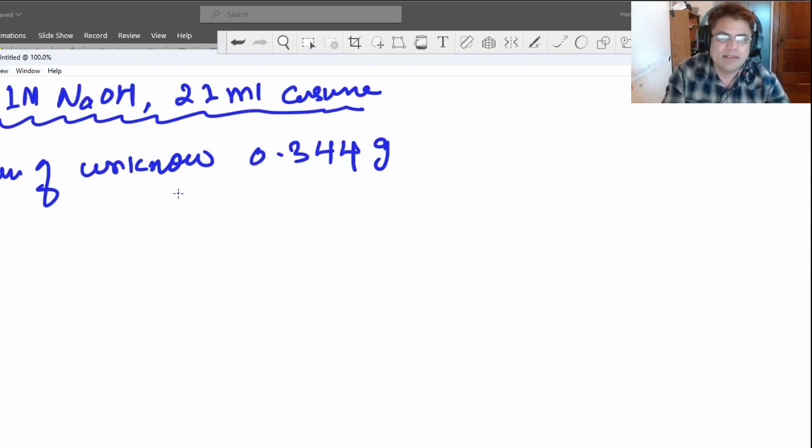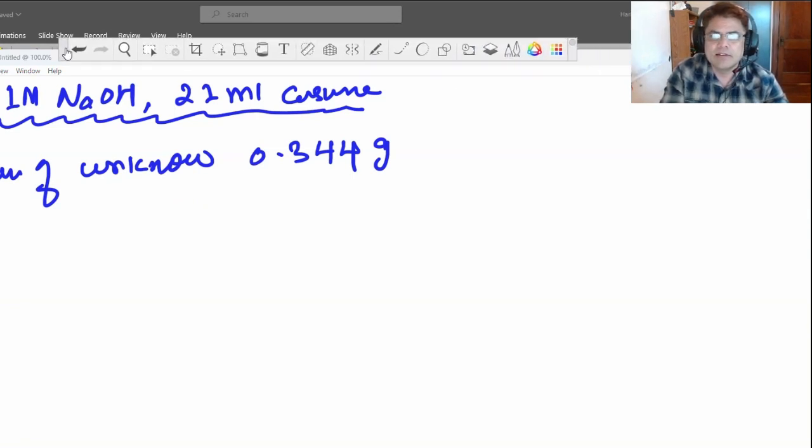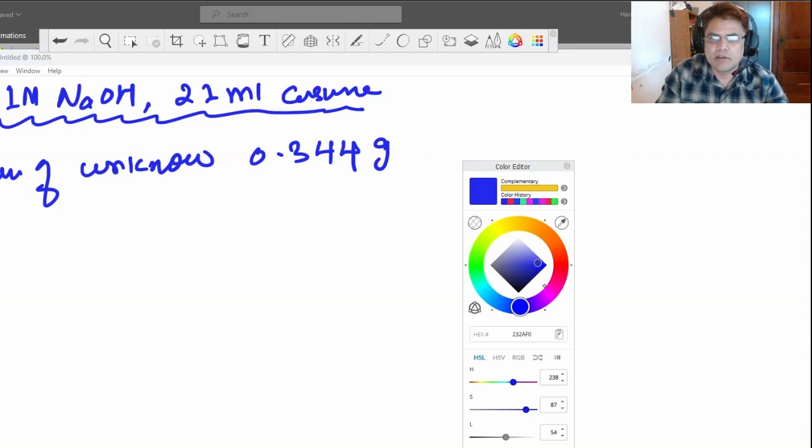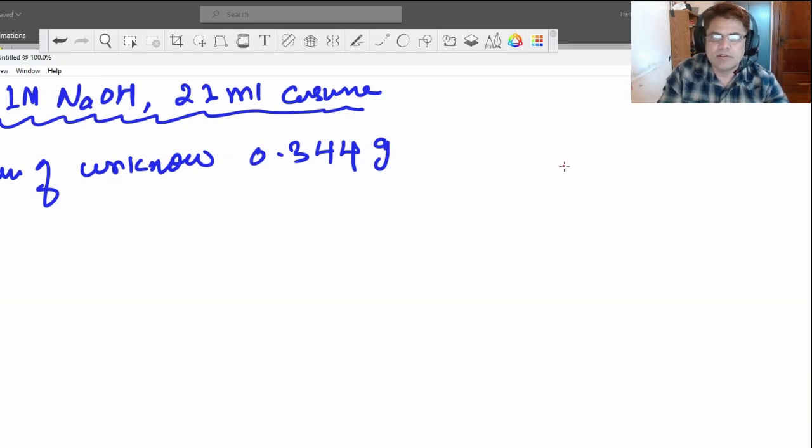Now let us see what the reaction is. Let me change the color here. Now the reaction is HA plus NaOH (aq) gives you NaA (aq) plus H2O (liquid). Why do I write HA? It is a monoprotic acid, that's why I write HA.